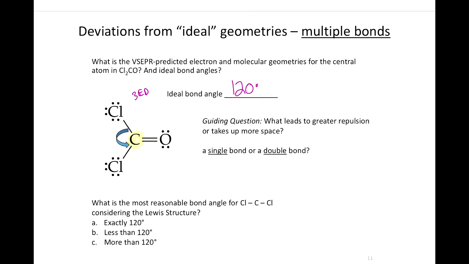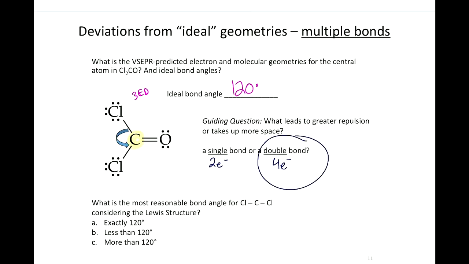Just like we said, lone pairs take up more room than a single bond. Let's think about it this way. What do you think takes up more space, a single bond or a double bond? A single bond is made up of how many electrons? 2. A double bond has how many electrons? 4 electrons. So which one's going to take up more room?